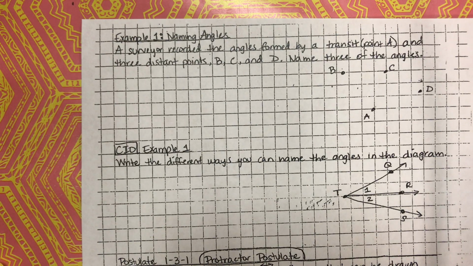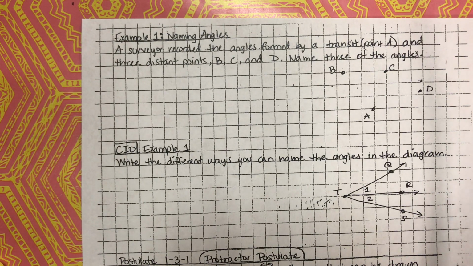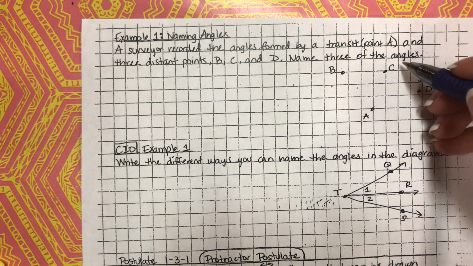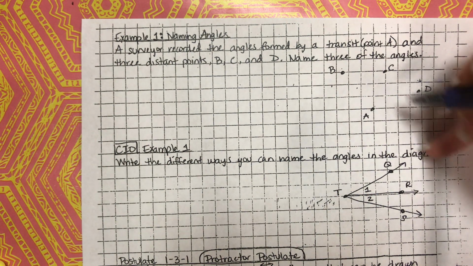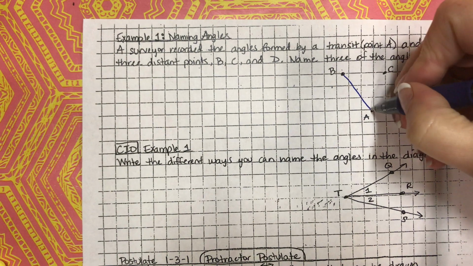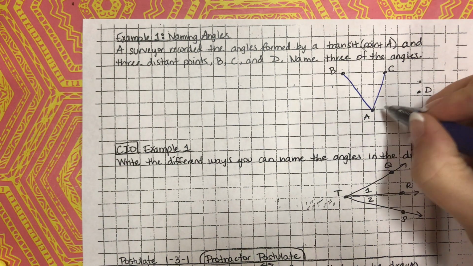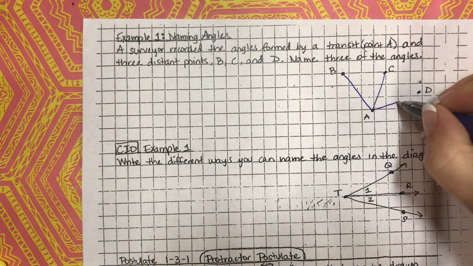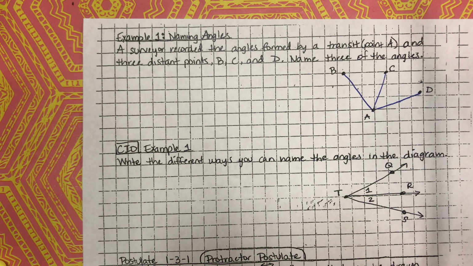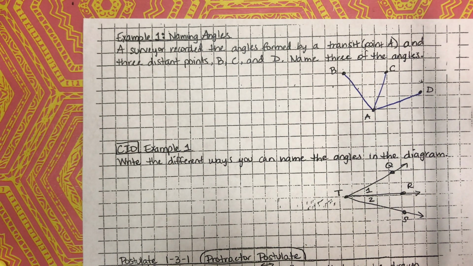Example 1 says, a surveyor recorded the angles formed by a transit, point A, and 3 distant points, B, C, and D. What we're going to do is name 3 of the angles. Okay, cool.